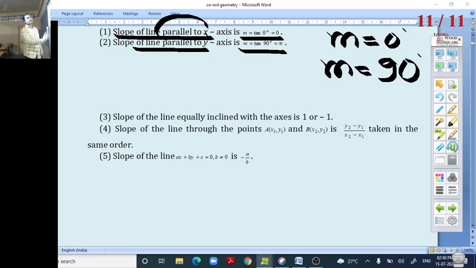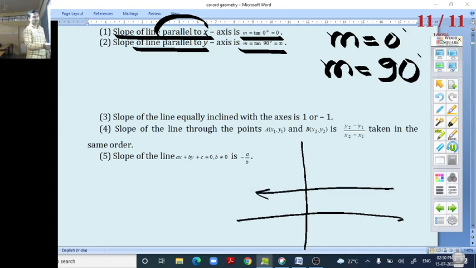Similarly, parallel to the x-axis: if a line L1 has the same slope as the x-axis, or is inclined at 0 degrees with the x-axis, then these two lines are parallel.